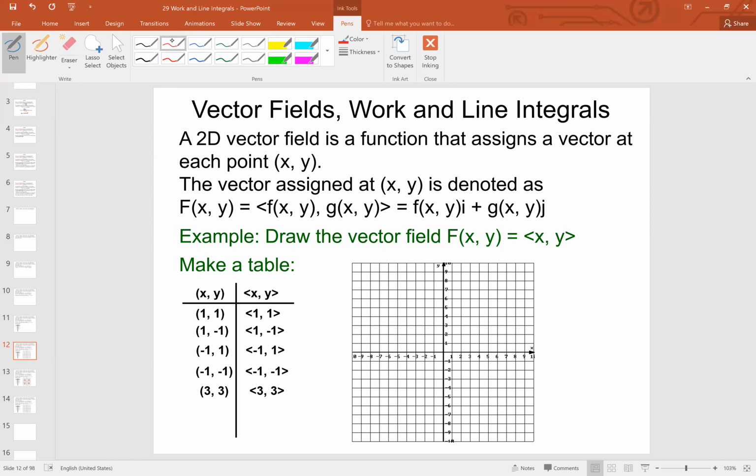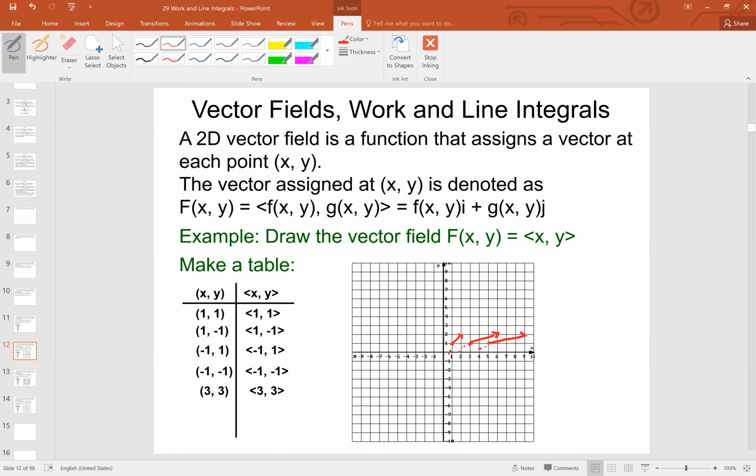I can literally imagine that at the point 1, 1, I stick a little sticker that's the vector 1, 1. At the point 1, 3, this is the vector 1, 3, so I stick the vector 1, 3 there. At 1, 5, I stick the vector 1, 5 there.